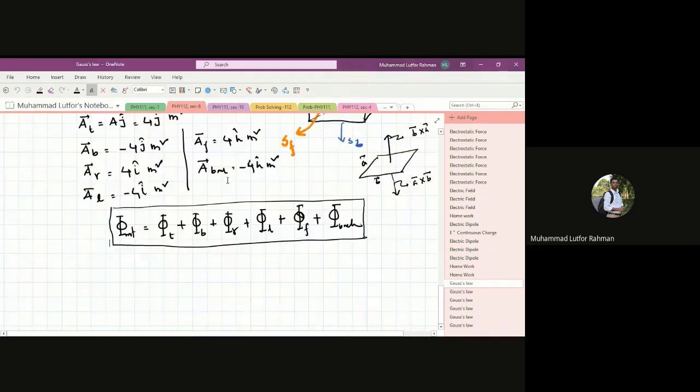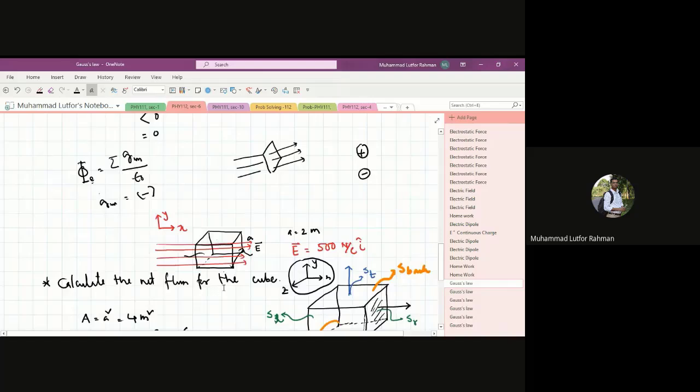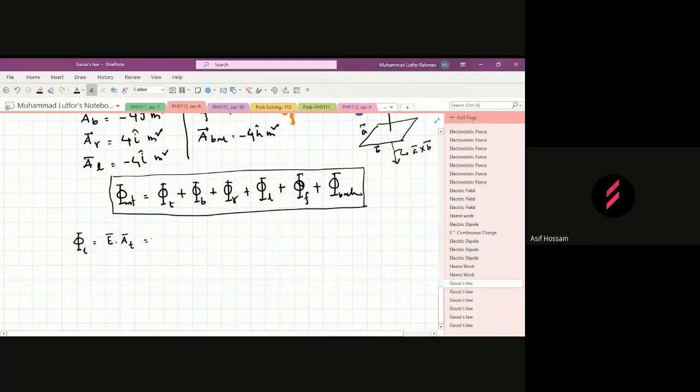Look at this. First, I'm going to find the electric flux for the top surface. What equation will I write? I'll write E dot A top. E is 500 I hat. What is A for the top surface?